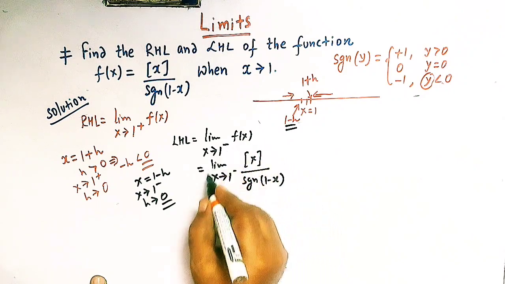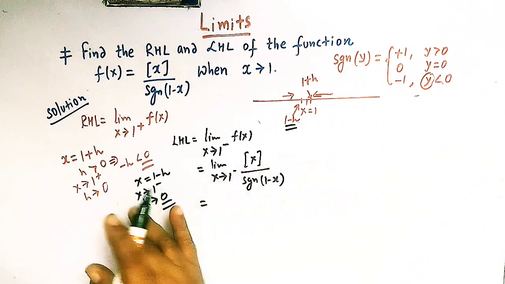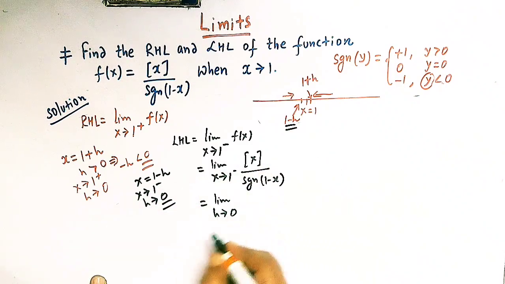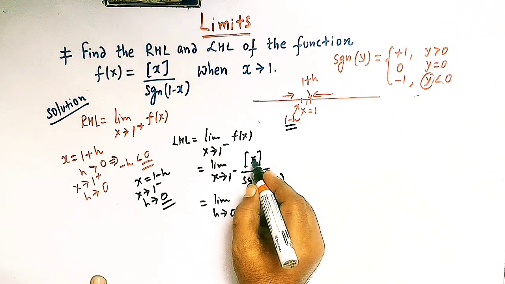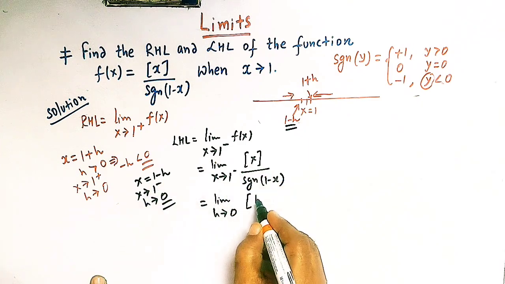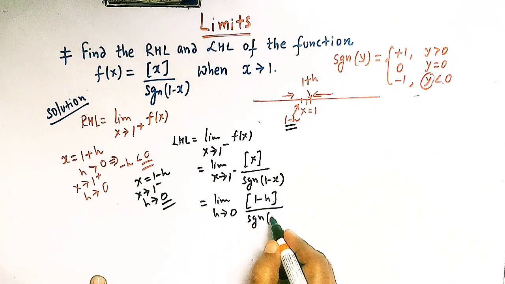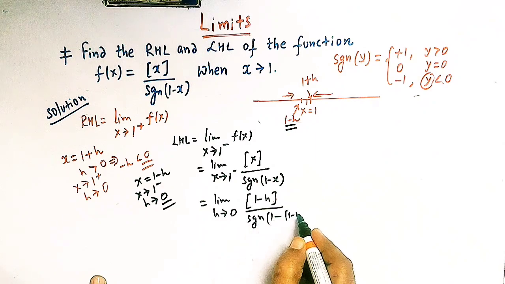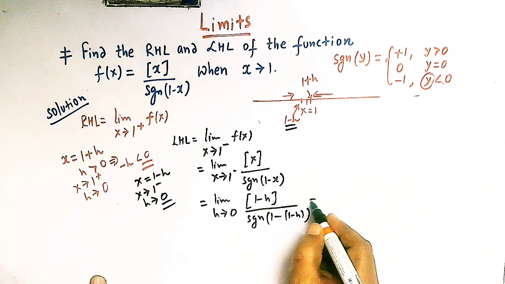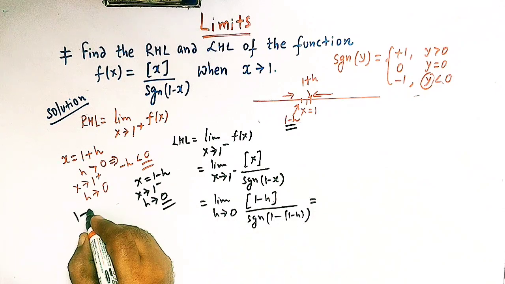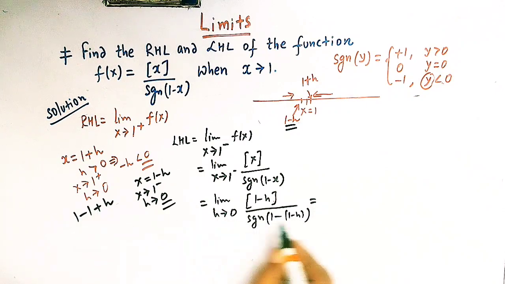Now writing this limit in terms of h, we have limit h tends to 0, and for x we can write 1 minus h, and then signum of 1 minus 1 minus h, right? Now this term is 1 minus 1 plus h, right?